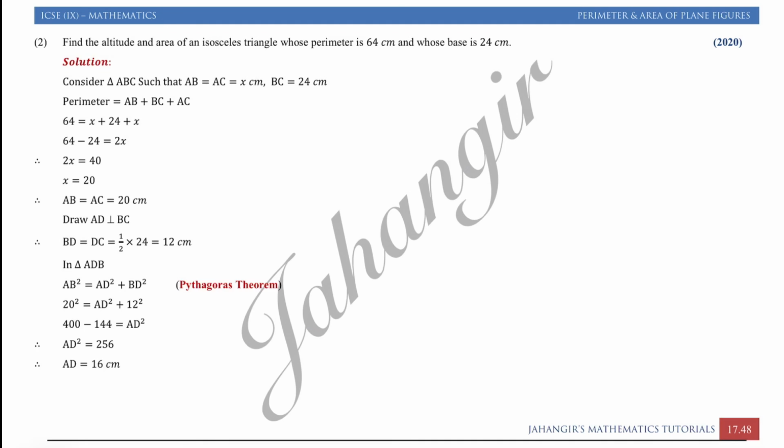Find the altitude and the area of an isosceles triangle whose perimeter is given as 64 and base is given as 24 centimeter. So we can draw a triangle ABC such that this is 24 and equal sides we can say as x. We have to find area and the altitude.